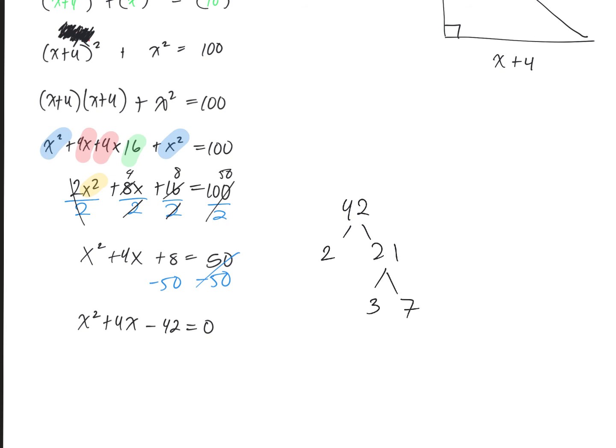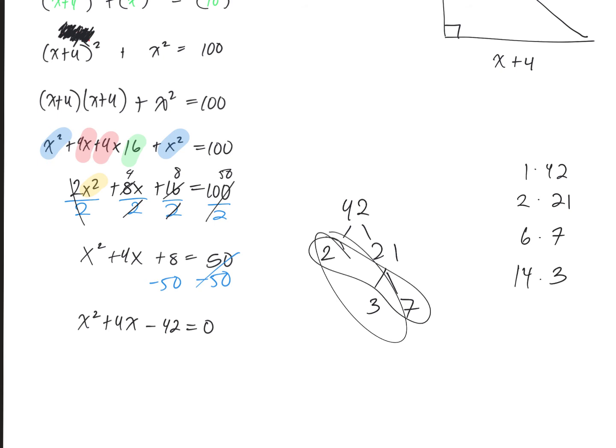Factors of 42 are 1 and 42, 2 times 21, 6 times 7, or 14 times 3. That's basically all of them, and I don't see how I could subtract any of these and end up with 4. So it's not going to factor.